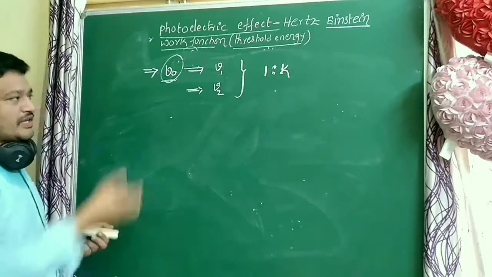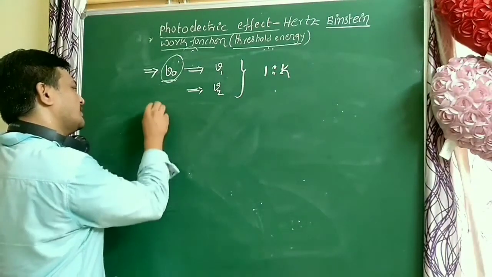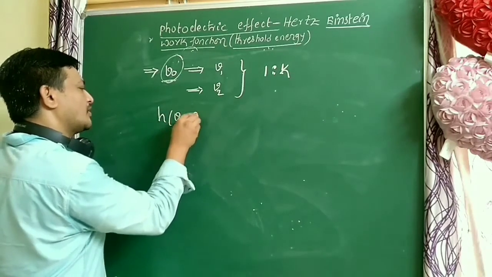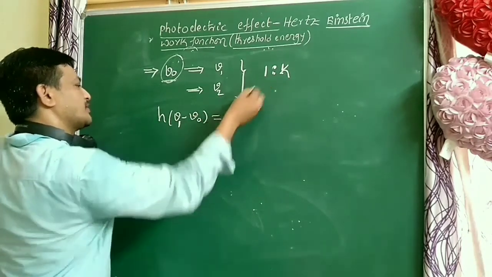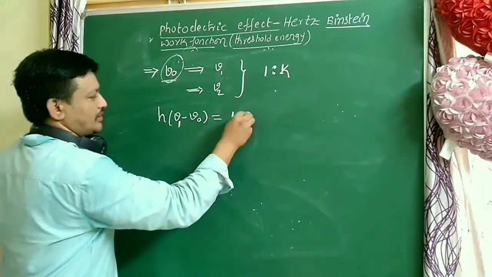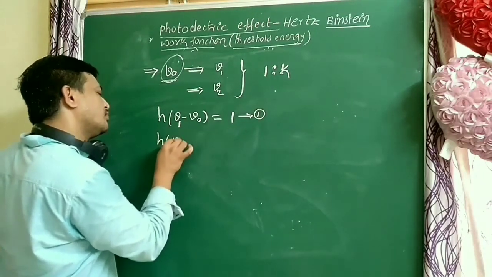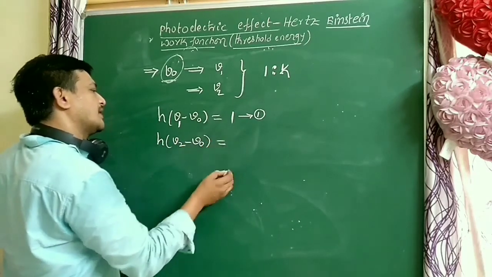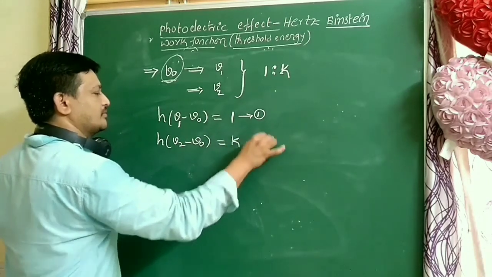So how to find it? Same model. What is the formula? h into mu1 minus mu naught equals kinetic energy, the first case, 1. So this is equation number 1. Next, h into mu2 minus mu naught equals kinetic energy k. This is equation number 2.